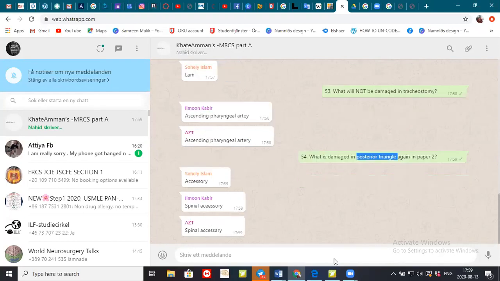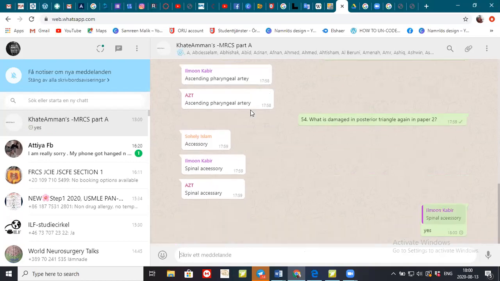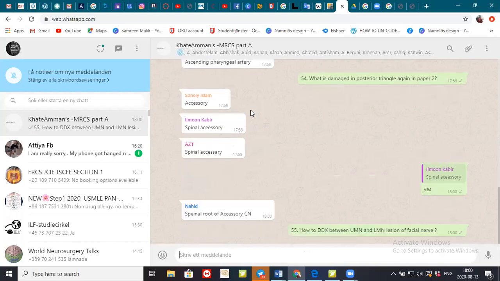It contains the second part of the subclavian artery and external jugular vein, and among nerves the cervical plexus, spinal accessory and phrenic nerve. It also has lymph nodes and the inferior belly of omohyoid, and there is one other muscle I forgot. You can brush it up later on.